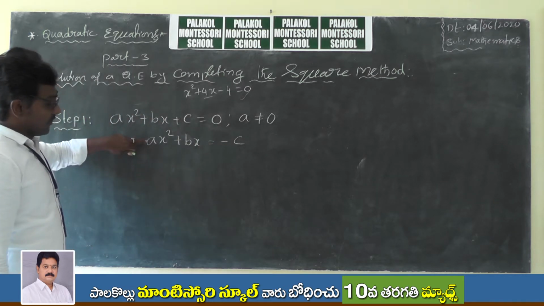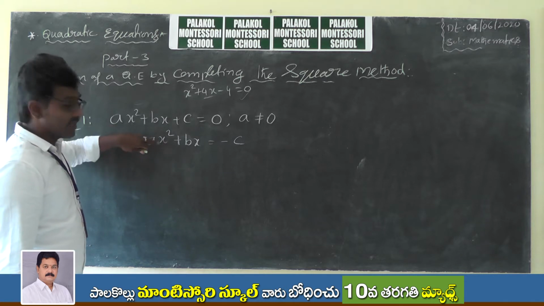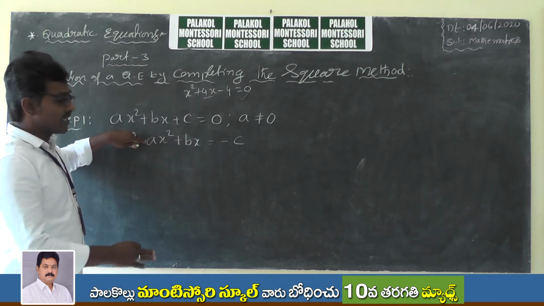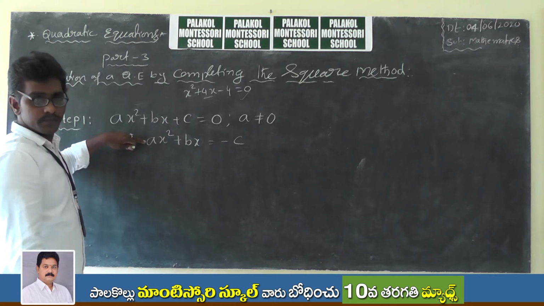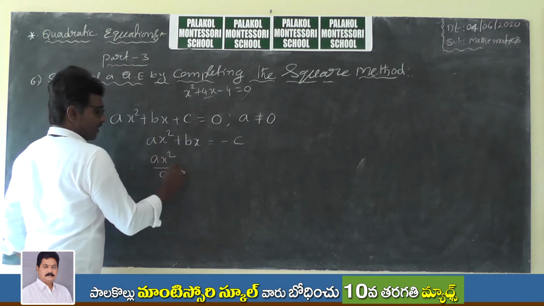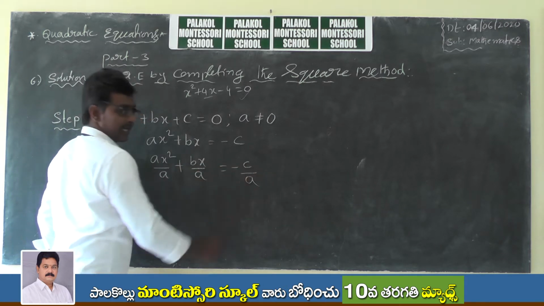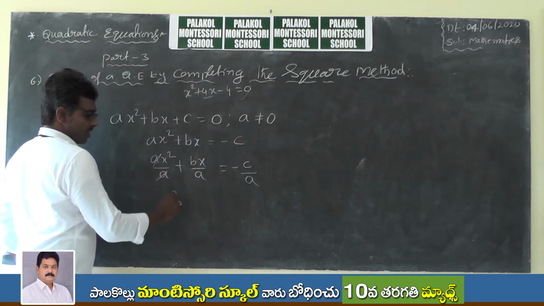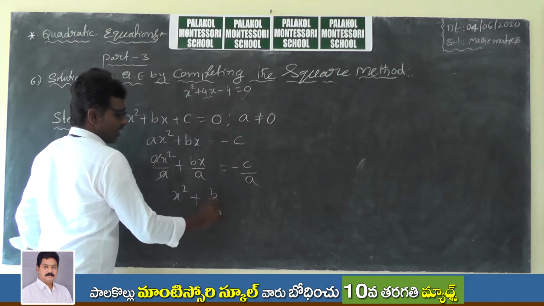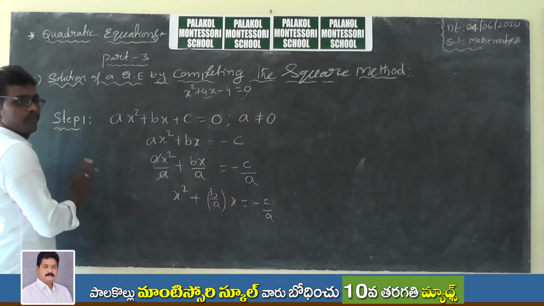Check whether the coefficient of x square is 1 or not. If it is not, divide all terms by a. That means ax square by a plus bx by a is equal to minus c by a. The a cancels: x square plus b by a of x is equal to minus c by a. This is step 1.